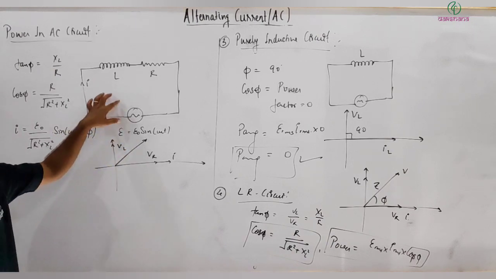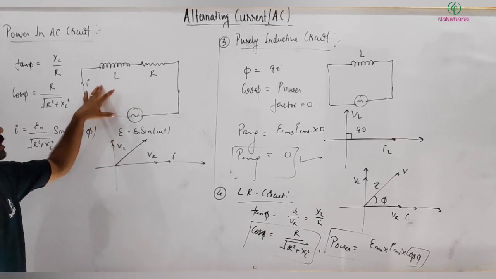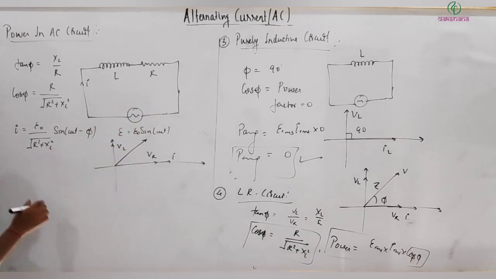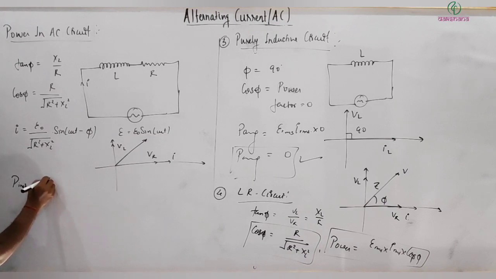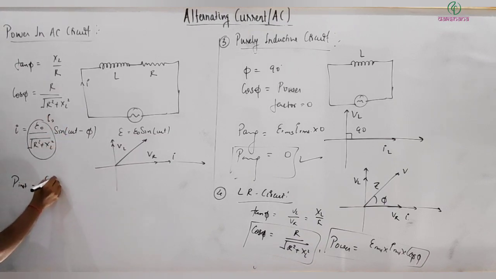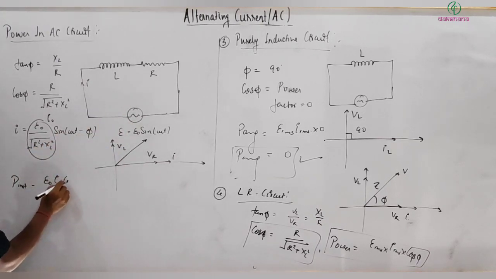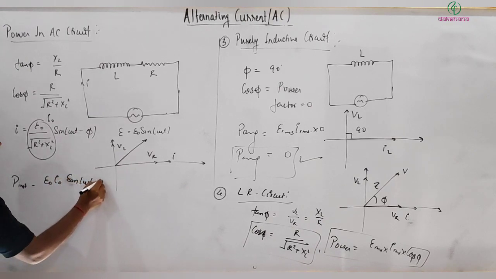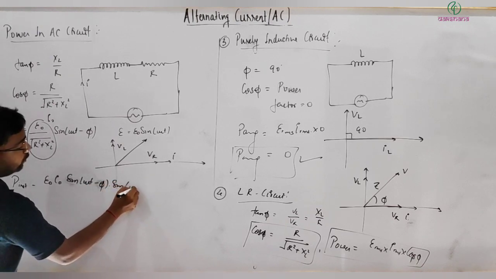So the total or average power supplied by this source to this circuit element, I can write as P. The instantaneous power will be simply this multiplied with that. Let's say this is E naught, I naught, and it equals sin of omega t minus phi into sin of omega t.